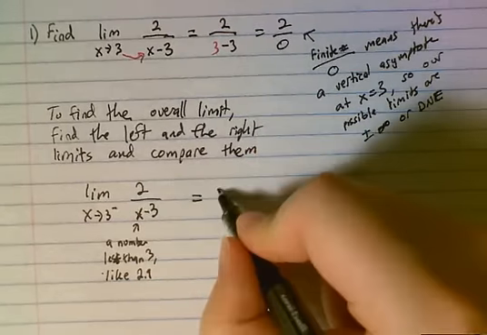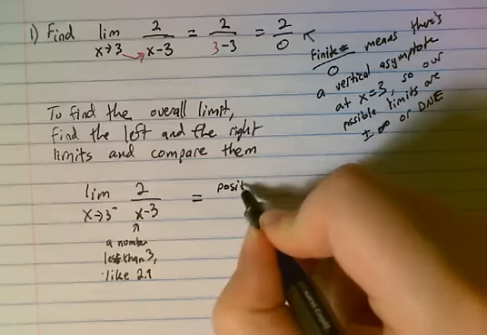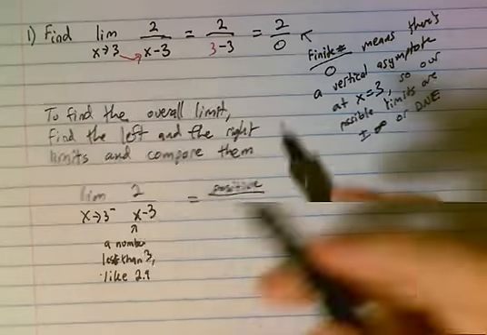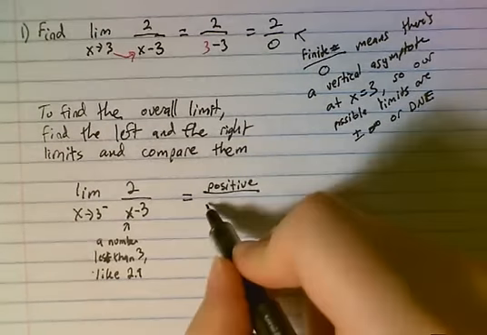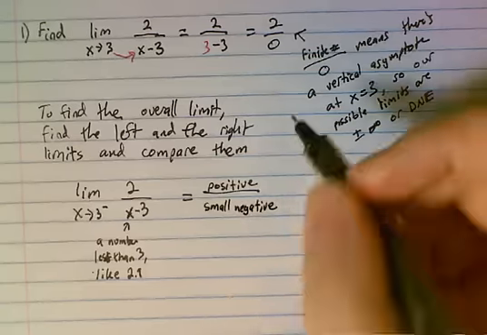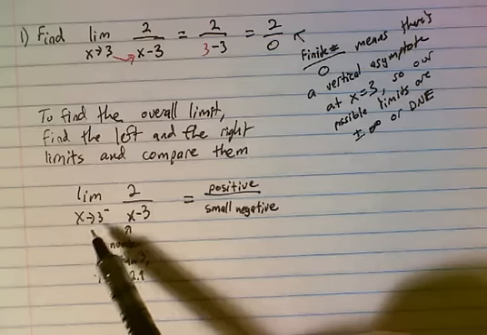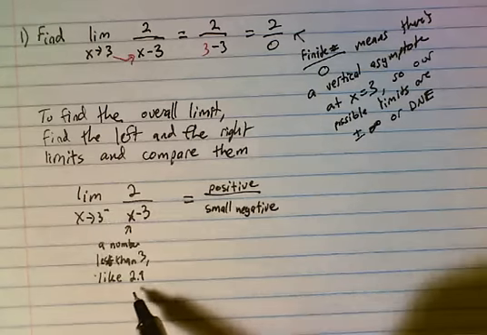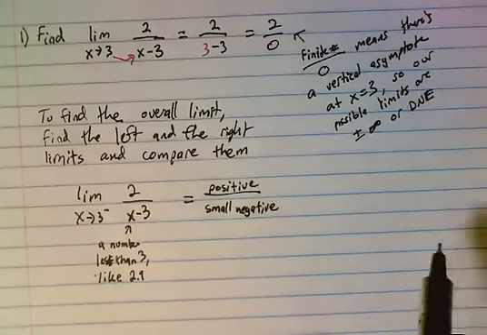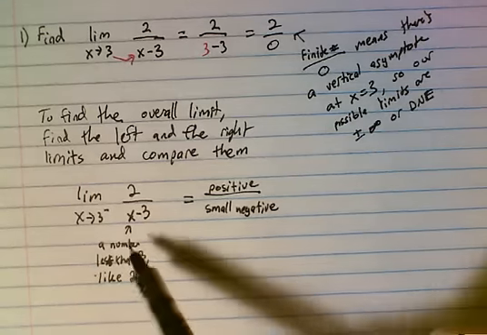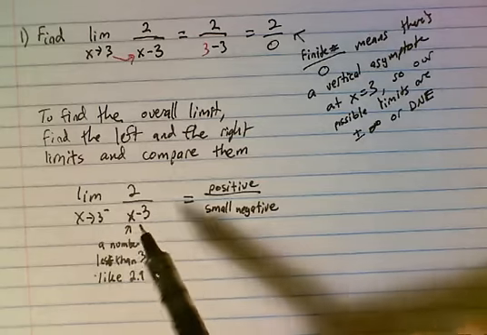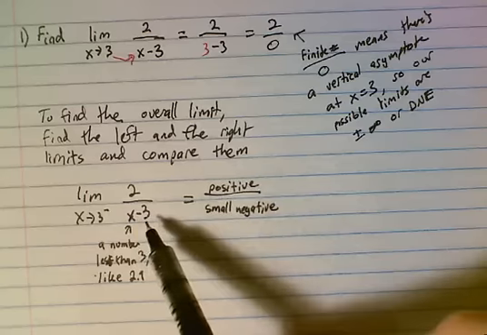So 2 is a positive. And if we put in 2.9, 2.9 minus 3 is a small negative. As we get closer and closer to 3, we're going to have 2.9, 2.99999, 2.9999999, and so on. But because we are inherently coming from the left, all of those numbers are at least a tiny smidgen smaller than 3.